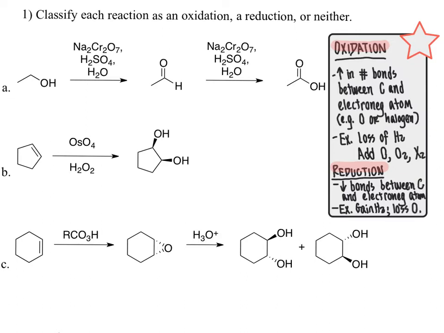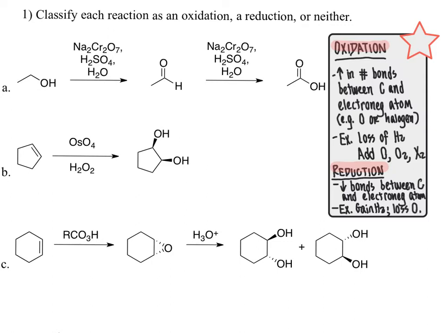Another way to look at this is that there has been a loss of H2 in order to bring in the electronegative atoms in their place, or you will notice in the structure of the product that you have brought in an extra oxygen, O2, or X2, where X is one of your halogens. So if you've added Cl2 across a carbon-carbon double bond, you would classify that as an oxidation reaction because you've brought in atoms that are more electronegative than carbon.